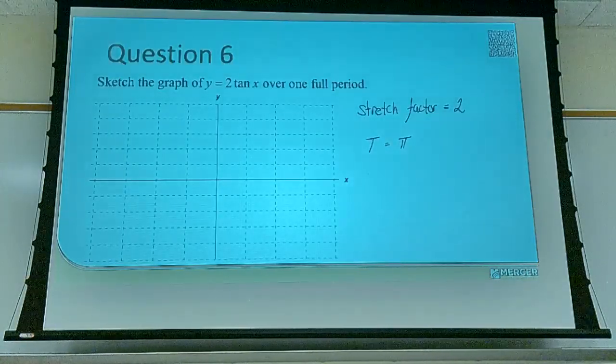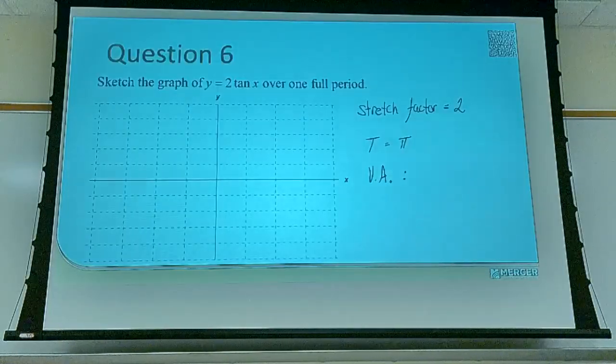We also get vertical asymptotes now. In one full period, we're going to have 2 of them. Now you have to decide what interval you want to sketch over, right?